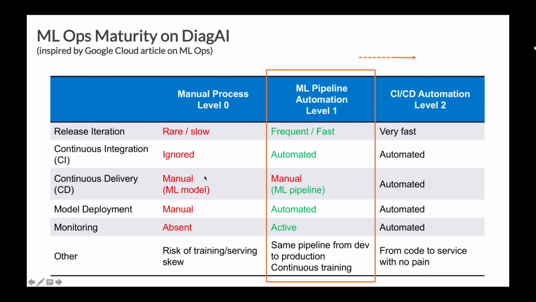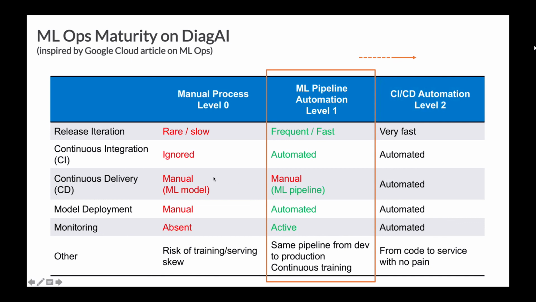And for continuous delivery, in the past, we were focusing on deploying a machine learning model, delivering the machine learning model. But now we changed our focus. We focus on delivering a machine learning pipeline. It's another strategy. When you deliver a machine learning pipeline, the pipeline itself will be responsible for building the models in production, deploying the models automatically, and it will ensure continuous training.